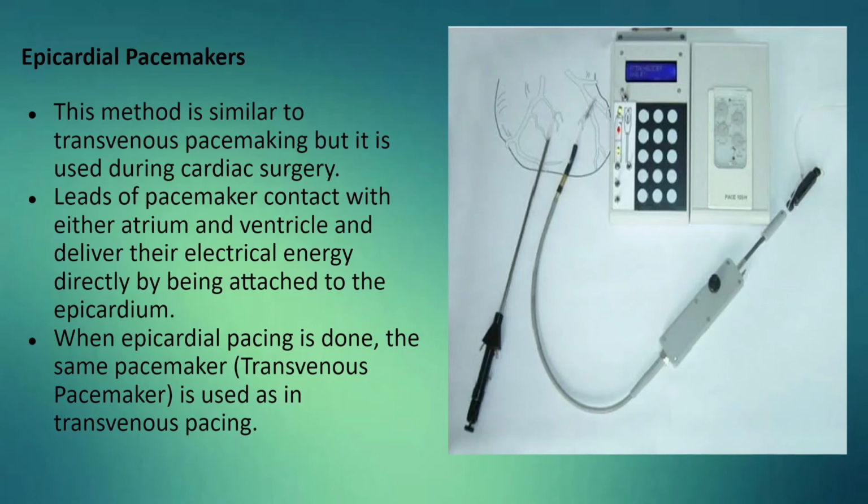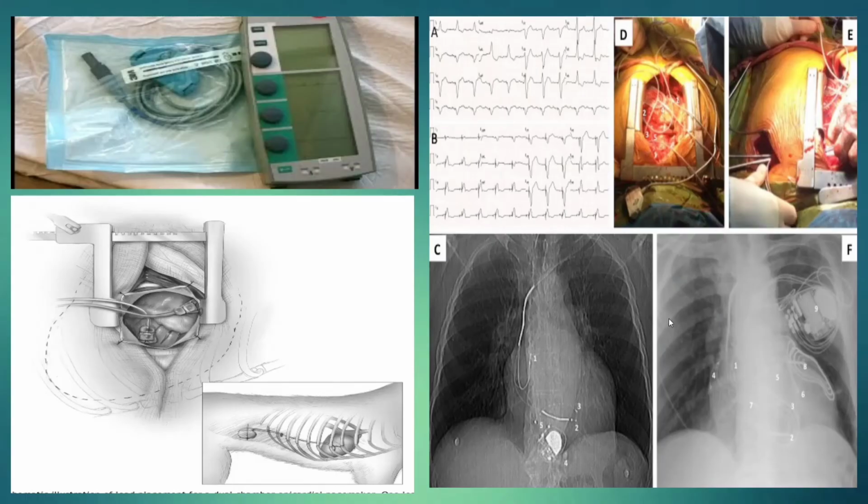As the name suggests, these leads deliver their electrical energy directly to either the atrium or the ventricle by being attached to the epicardium. These leads are placed during cardiac surgery and then pulled out through the chest wall and stored. They are then available to temporarily pace externally if surgeons need to, and they use the same equipment as transvenous pacing.